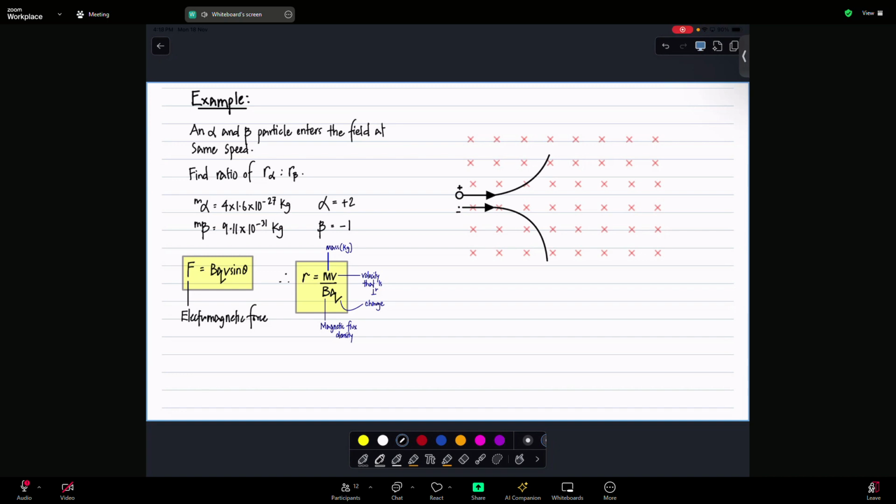Yes, but you should ignore the negative sign. It's a radius, so just the magnitude of the charge is needed. Right, so that's the answer. Are you guys trying to solve it, or am I going to be very sad?